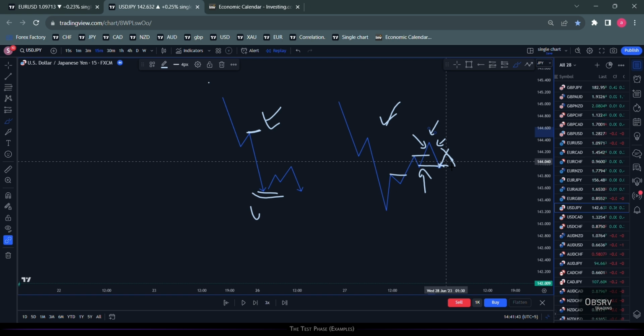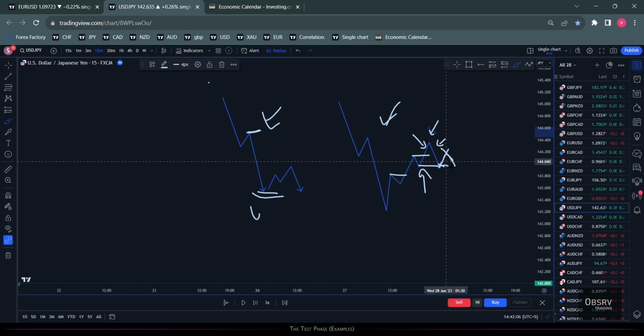We'll take a look at them on the charts also, because they're a part of our test phases, and that is when the markets are getting ready, because the bigger players are lining in their positions for a bigger move. So in other words, I want to call it the calm before the storm.